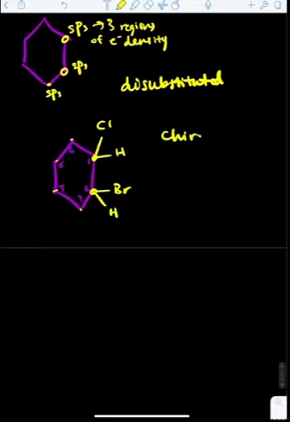If you don't know what a chiral carbon is, it's basically just a carbon with 4 totally different groups coming off of it. And when you have 4 different groups coming off of it, you have to assign stereochemistry to the bonds, which is basically just the orientation of whatever bond you're talking about.